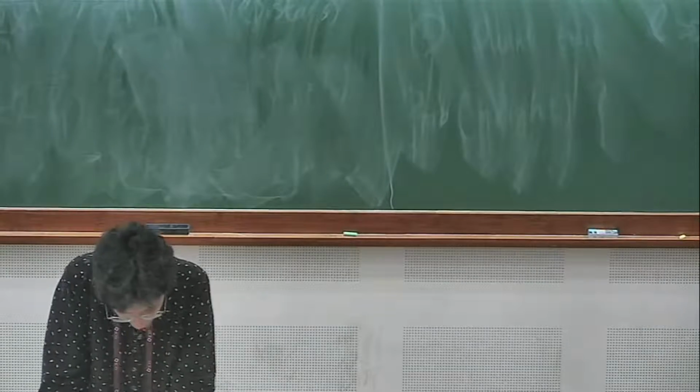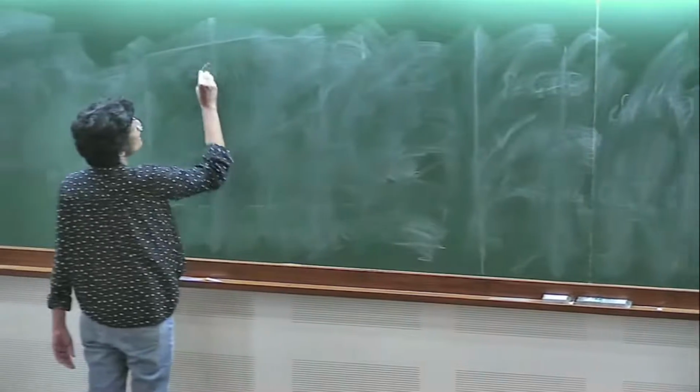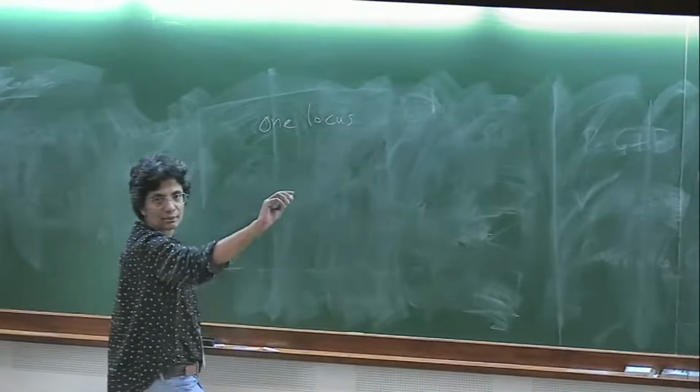And then we'll be done. Okay, so again, we stick with our additive model. Since we started with population genetics, we'll go back and look at, let's say, one locus, and it's a diploid.